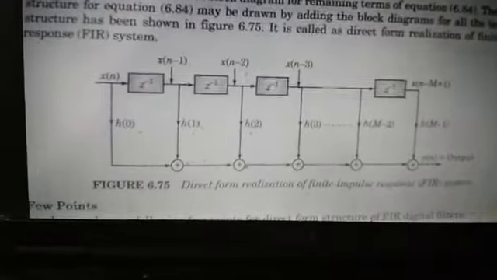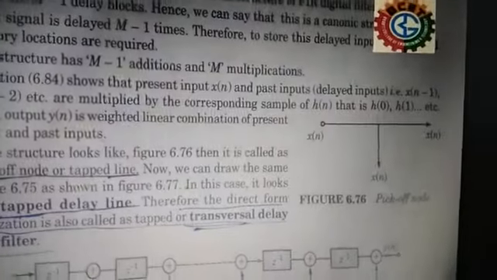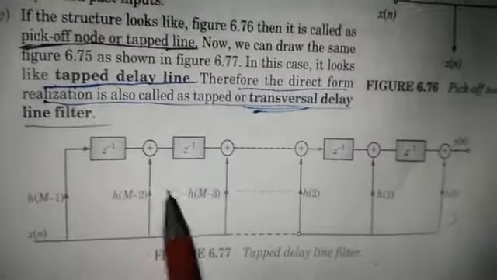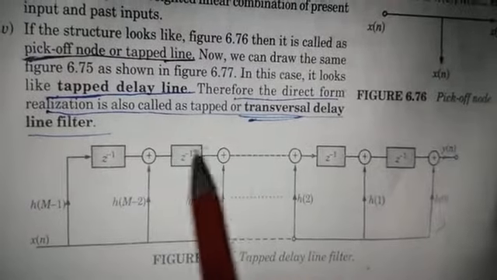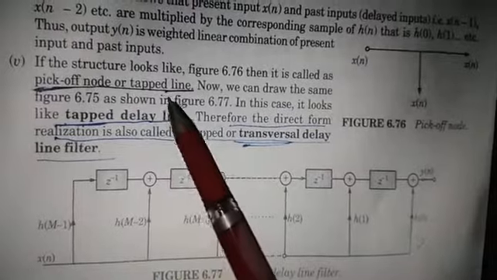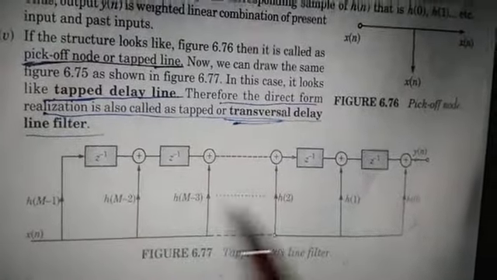So using this direct form structure, you can also show here, this is direct form, but this is called a tapped delay line structure, or a transversal delay line filter. In the last slide we have seen this figure.